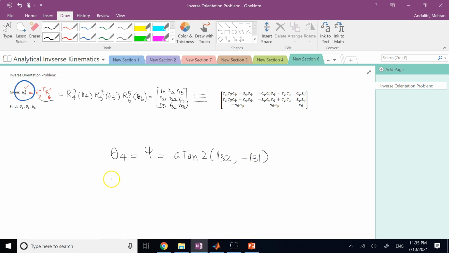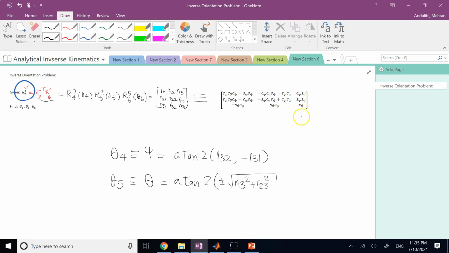Then your theta 5, which is the same as the middle Euler angle, or theta, it is equal to arc tangent 2 of, so if we square these two guys and take the square root plus and minus, so it is going to be R13 squared plus R23 squared.